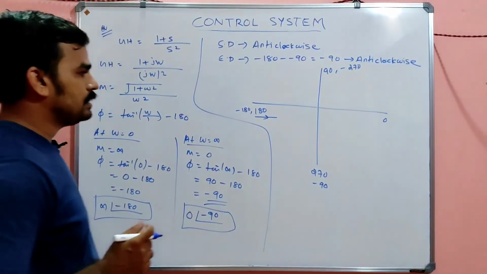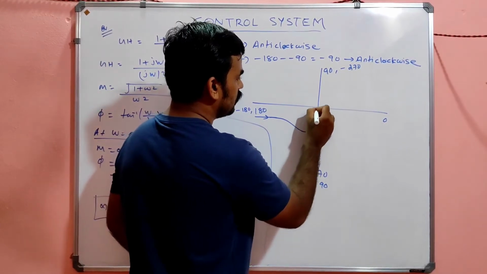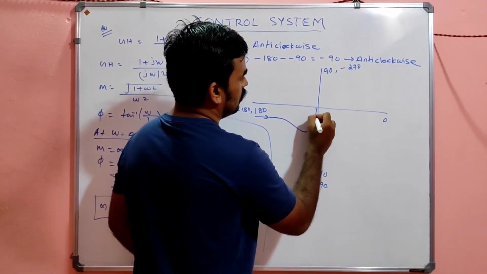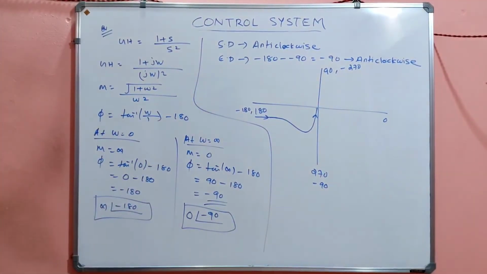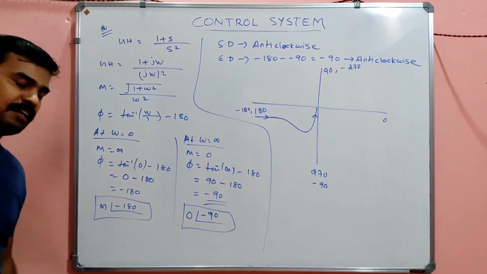And 0 angle minus 90 you have to end with, both in anti-clockwise direction. So simple, it's a plot. The magnitude will be 0 here. That's all. Is it clear, my dears?